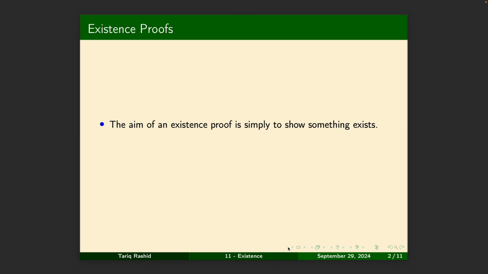So the aim of an existence proof is simply to show something exists, not necessarily to justify where it came from, and that's important, and it sometimes makes it easier as well, as we'll see. Now, it may be subject to some constraints, but we'll see that as well.